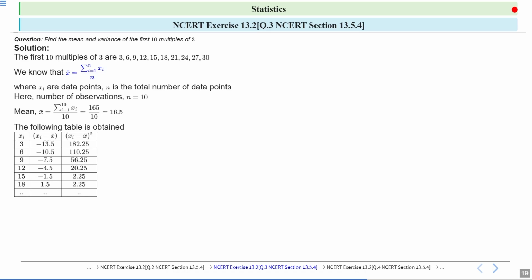Now, let's see the following table. In the first column we have the values of xi, in the second column we have xi minus x bar, and in the third column we have (xi minus x bar) whole square values. So very carefully calculate all these values and then use them to find the variance.